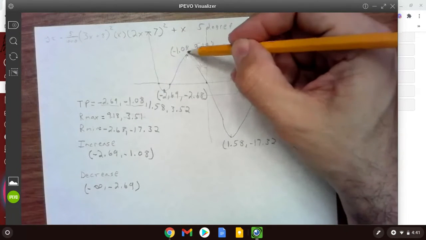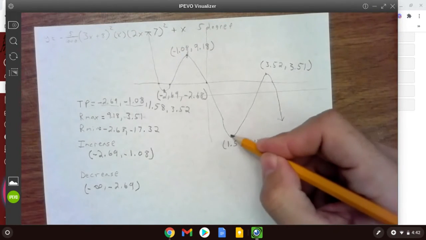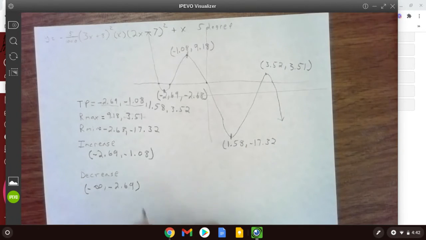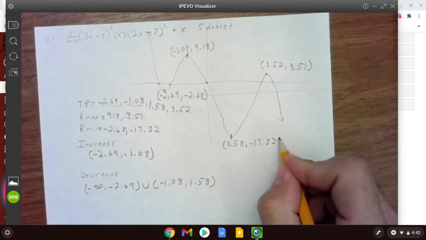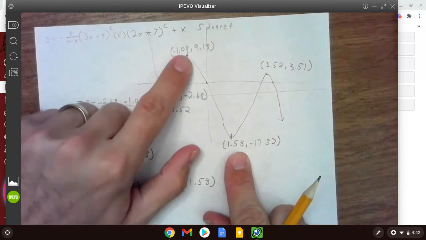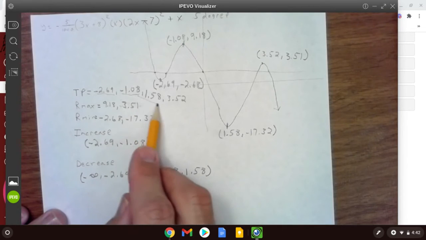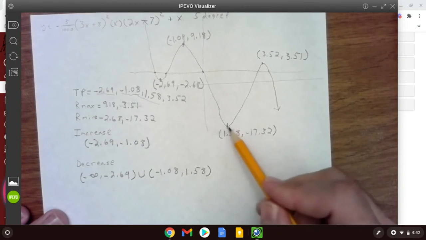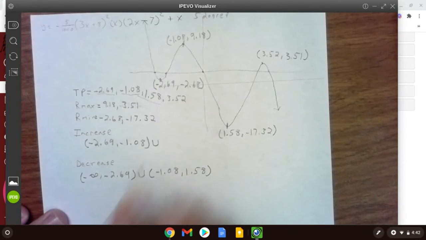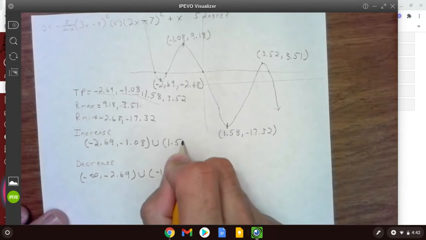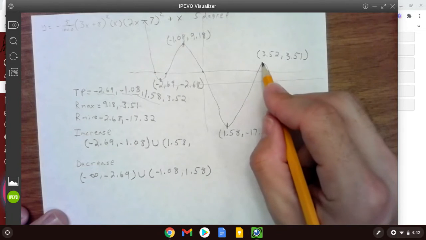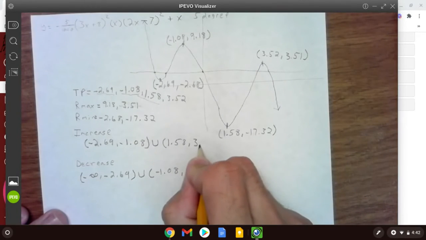And then it's decreasing again from that x value until it gets to that x value. So it's decreasing negative 1.08 until it gets to 1.58. Notice here, we are using these x values. We're not using 9 or negative 17. So that was those two. And then it's increasing from 1.58 until it gets to this x value, 3.52.